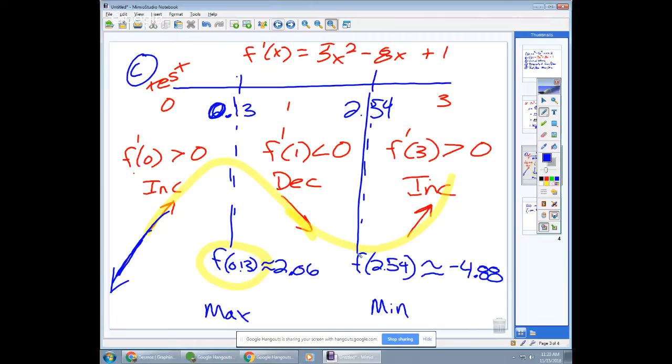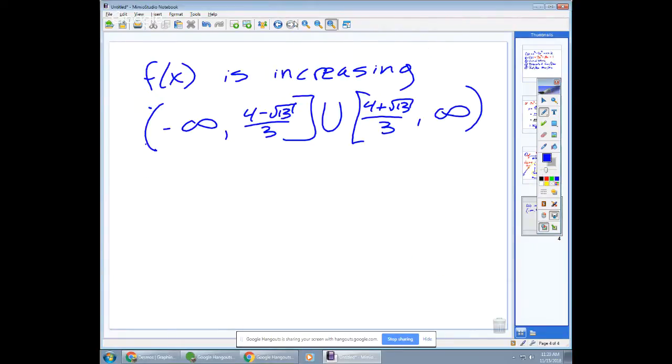Now, here's a question about the way I wrote my answer. Are we increasing at the critical number? No. At the top, we're just in a brief moment of pause. It's neither increasing nor decreasing. So technically, I shouldn't put square brackets there.